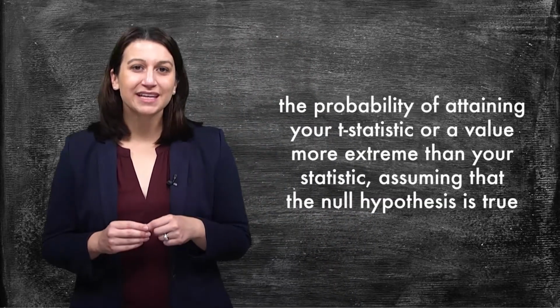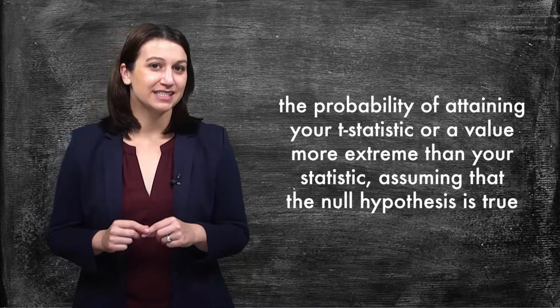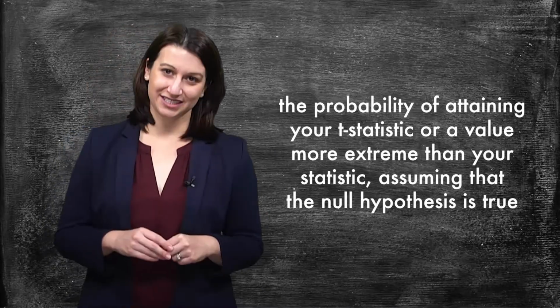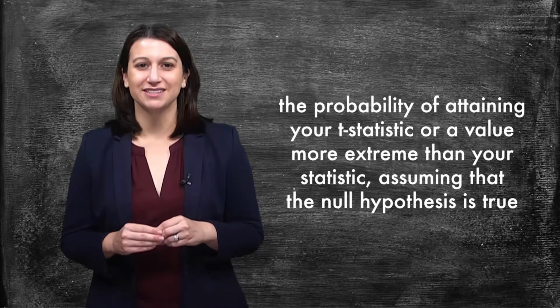What are p-values? They are the probability of attaining your t-statistic or a value more extreme than your statistic, assuming the null hypothesis is true. If you remember, we used this probability terminology before when discussing our z-scores. So with p-values, just like with z-score probabilities, these refer to areas in the distribution.